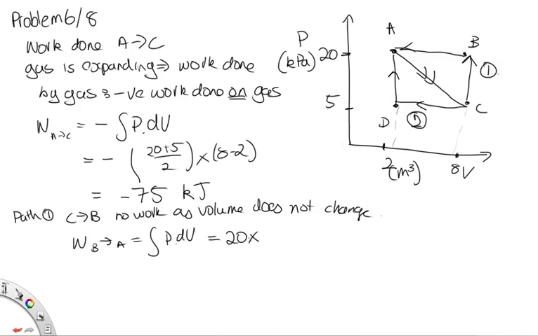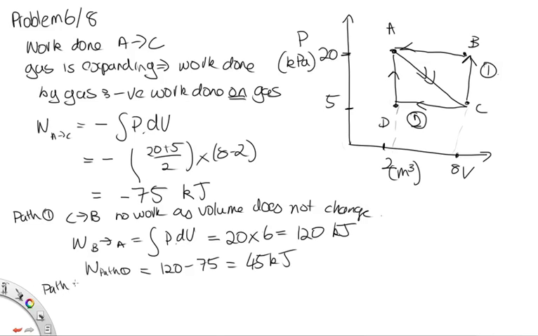It's 20 times the width, which is 8 minus 2, so times 6, that's 120, and again it's kilojoules because of the kilopascals. So the work for path 1, which includes going from C to B and B to A, we just sum all the works to get the total work. It's 120 minus 75, which is equal to 45 kilojoules, and it's positive because there's positive work here, which is larger than this negative work.